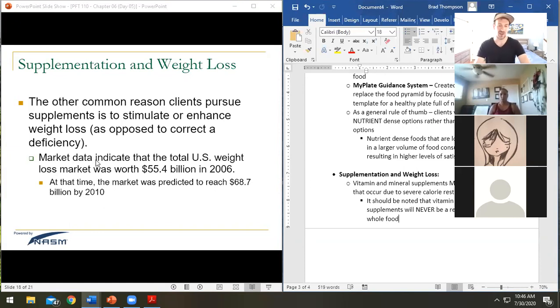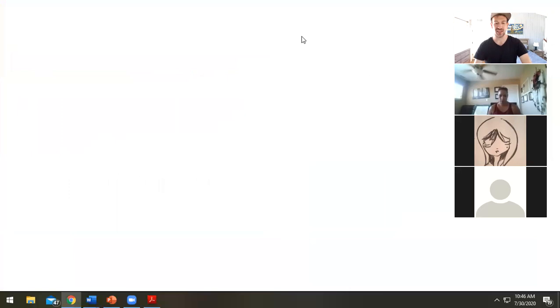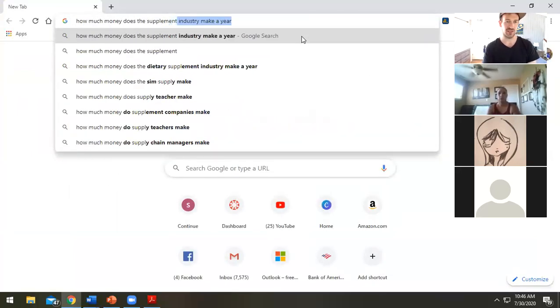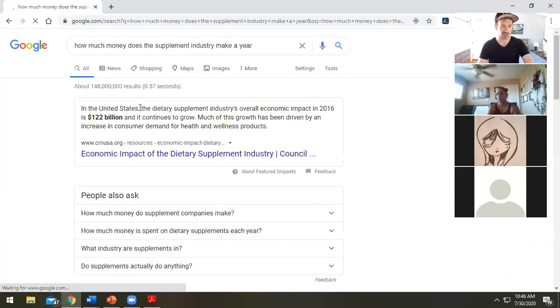Back in 2006, the weight loss industry was making $55.4 billion, and that reached $68.7 billion by 2010. Let's see here. How much money does the supplement industry make a year? In 2016, $122 billion.